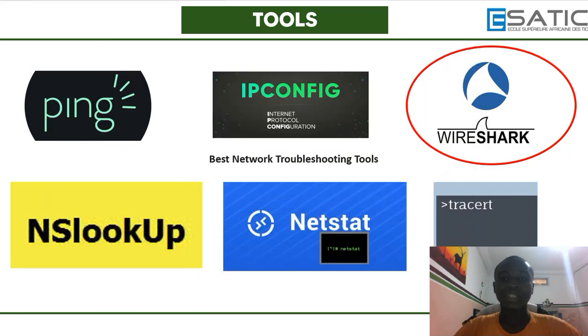Then we have ipconfig. It means Internet Protocol Configuration. This is very important to have all the information on the host that we're working on. Such information is related to IPv4 information and IPv6 too.